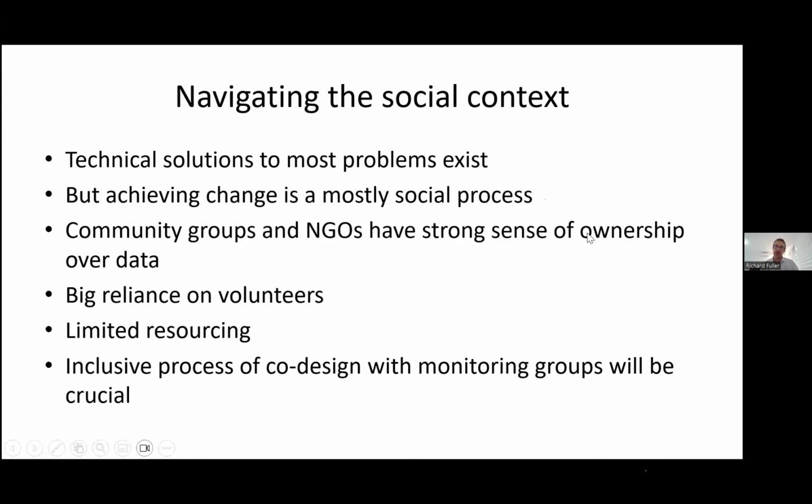Very rightly, people who are collecting on-ground data have a very strong sense of ownership around the data that they're collecting. Data can be a really important part of identity and purpose for groups who are collecting this information. There's a lot of reliance on volunteers, and that's a big advantage in the sense it's a huge resource, but it's also a challenge.